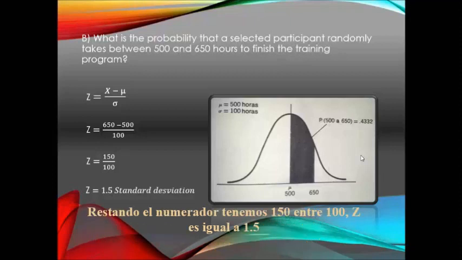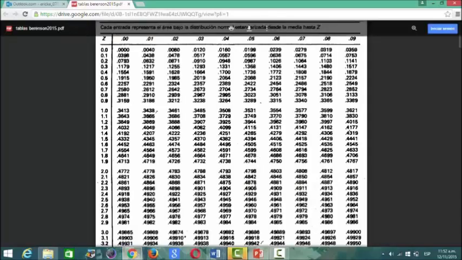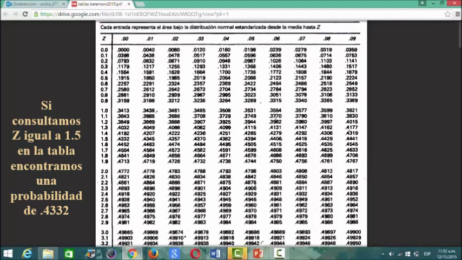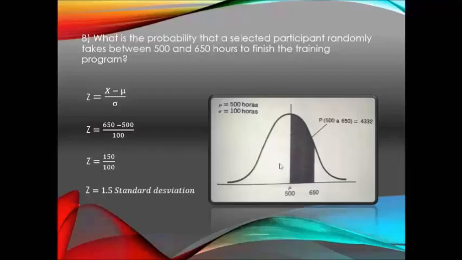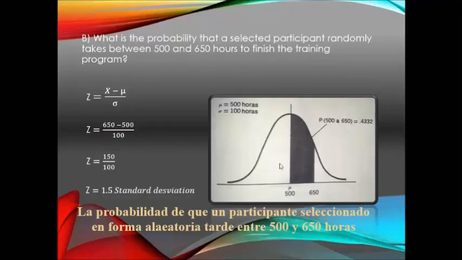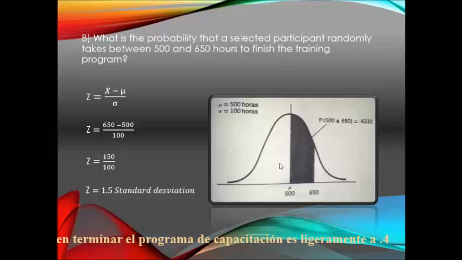In the numerator, we have 150 divided by 100, so Z is equal to 1.5. If we look up Z equal to 1.5 in the table, we find a probability of 0.4332. So the probability that a randomly selected candidate takes between 500 and 650 hours to finish the training program is slightly more than 43 percent.